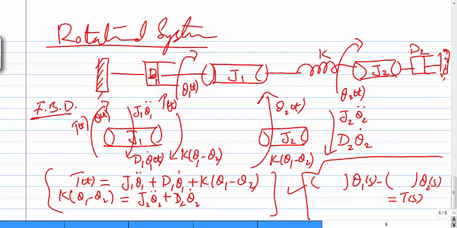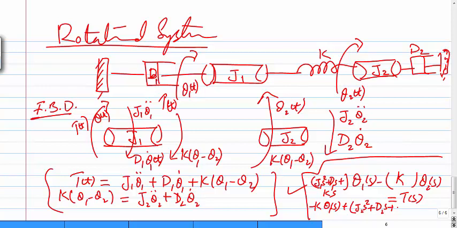Now with theta 1, we have J1 s square plus D1 s plus K. Similarly, between them we have only one, that is K. Now for the second equation, we have K of theta 1 of s with minus sign, plus J2 s square plus D2 s plus, is there anything else?